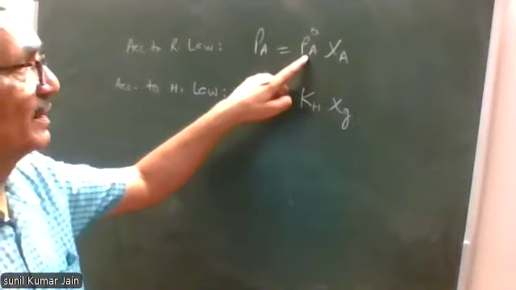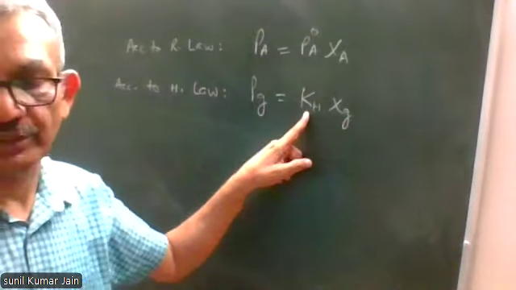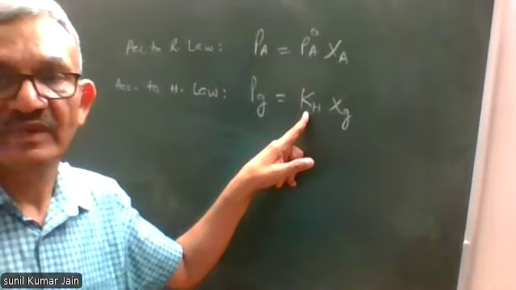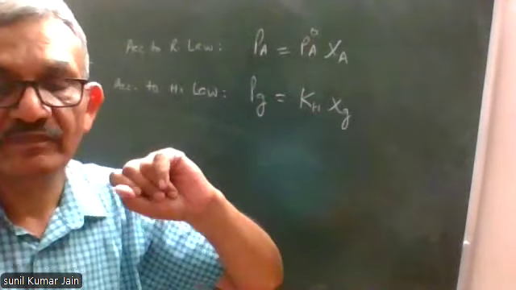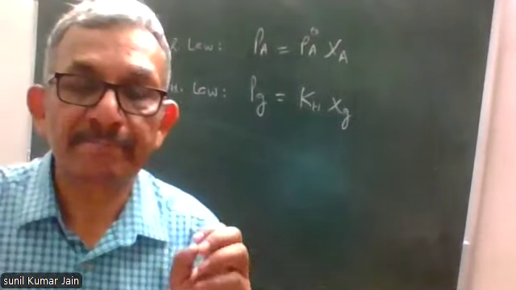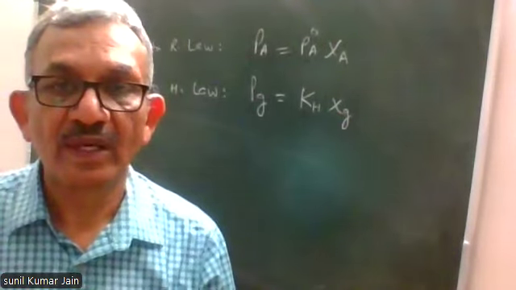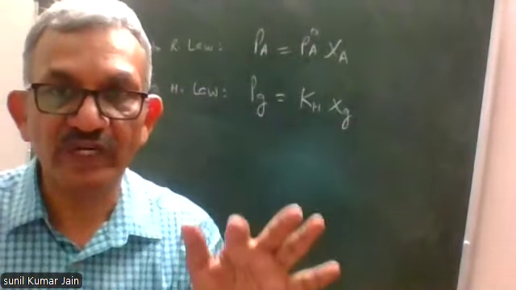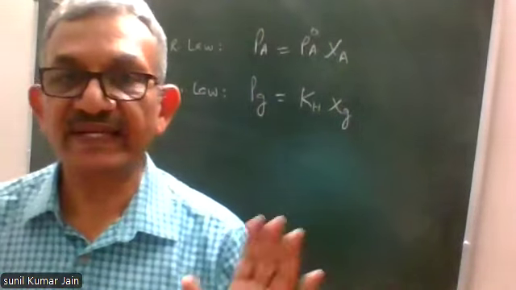Constants P0A and KH have different values because the liquid is much less volatile than the gas.